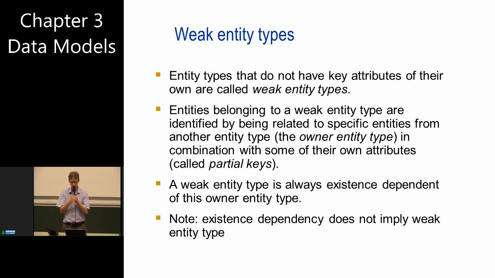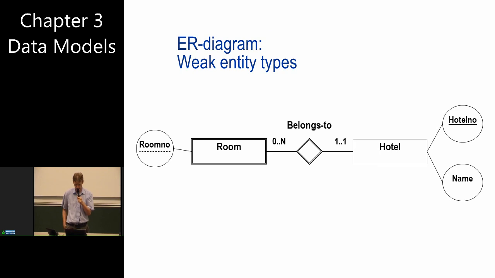A weak entity type is always existence dependent. And the reason it is existence dependent is because it needs the partial key, or basically the key from the owner entity type. So a weak entity type always implies existence dependency, but vice versa does not go. Existence dependency will not always imply a weak entity type.